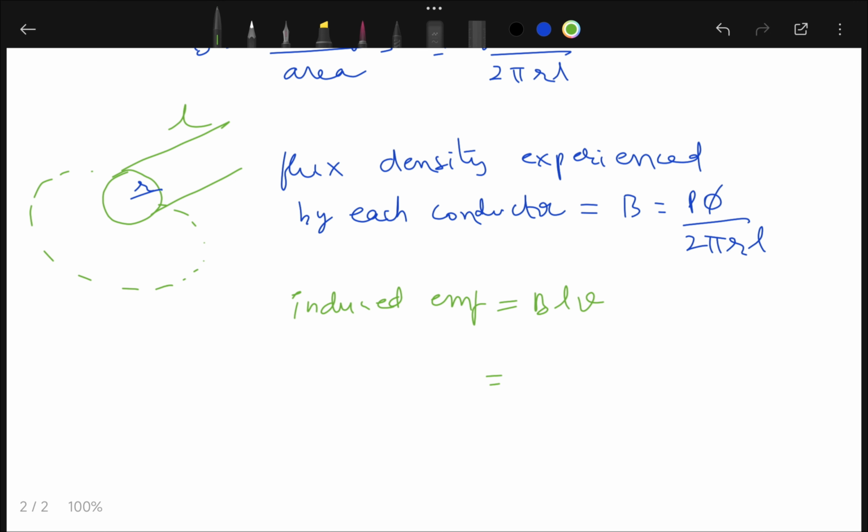So I'll substitute all the values here. B is P phi by 2 pi RL, into L, the length of the conductor, and V, the velocity.